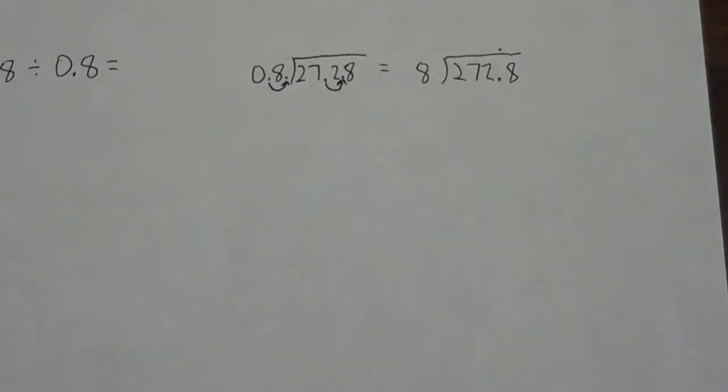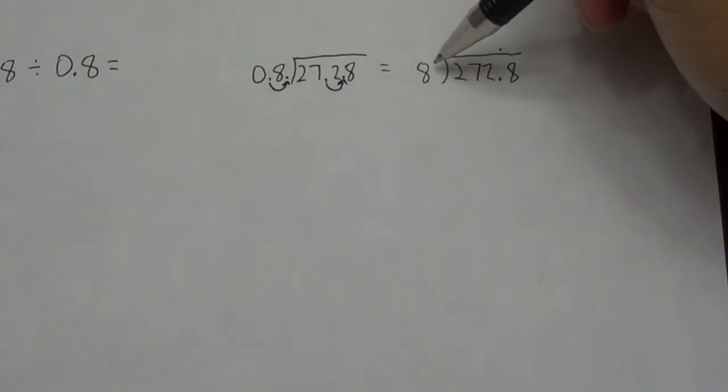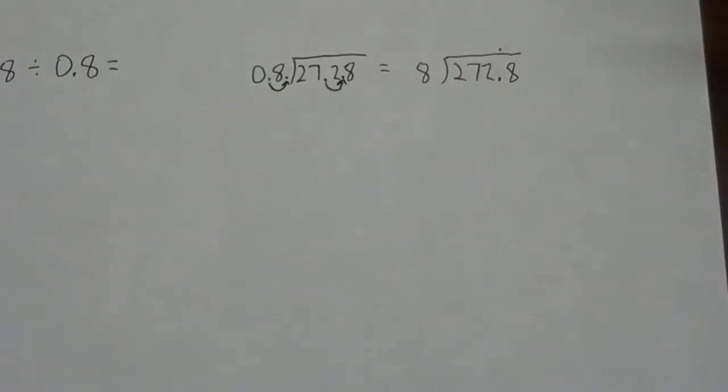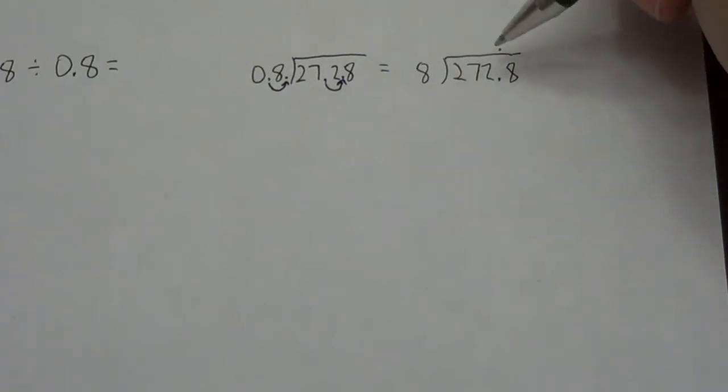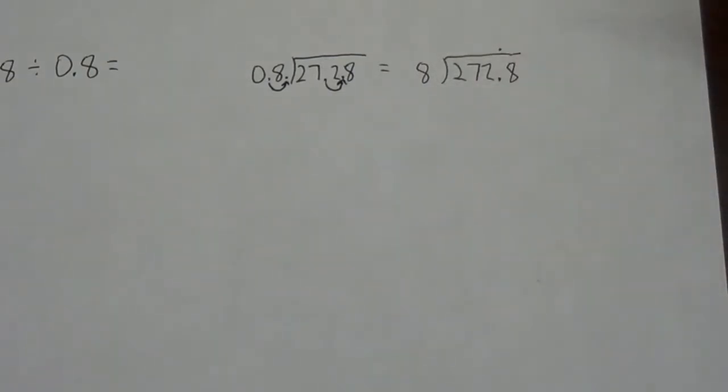Technically you can continue to multiply both sides by 10 and then this will go away, but that will actually make the problem more difficult because now you would have 2,728 divided by 80, right? And that is definitely not as easy as this problem right here.